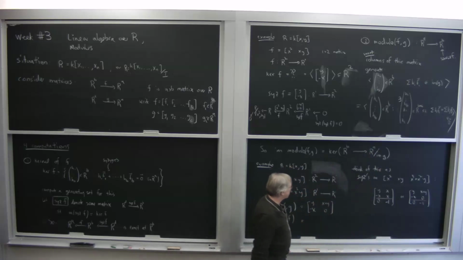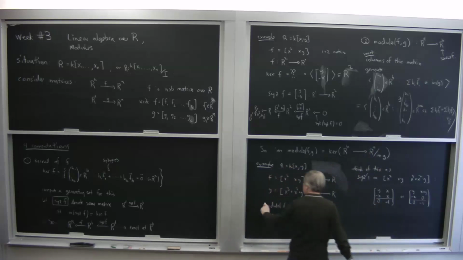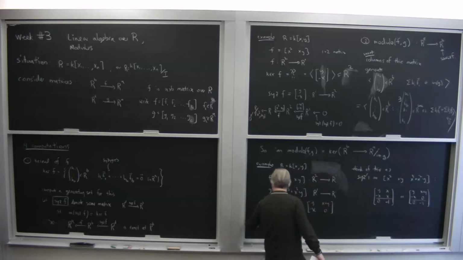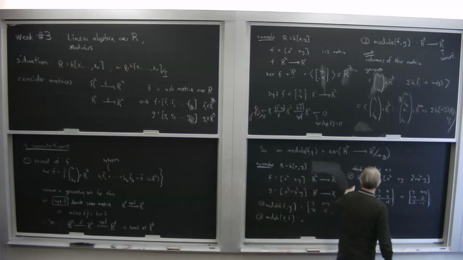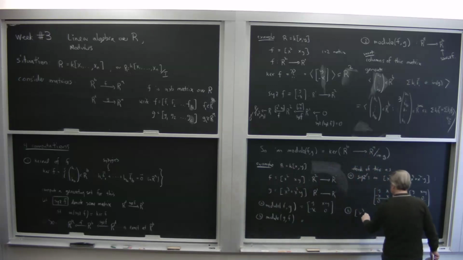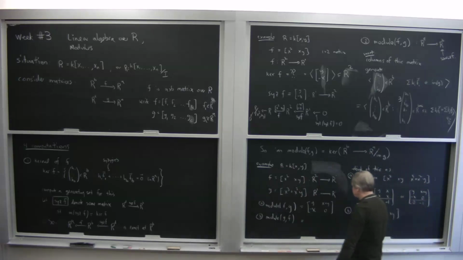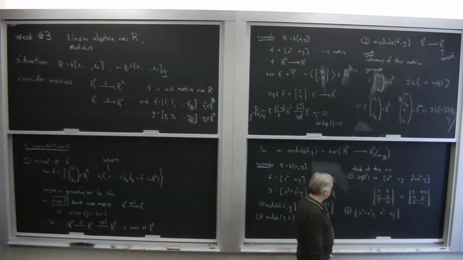What's G mod F? So this is a, this is b, and now for b, we do it the other way. We take the x cubed plus x squared y here, and then we take x squared and xy. And we want the syzygies on this.